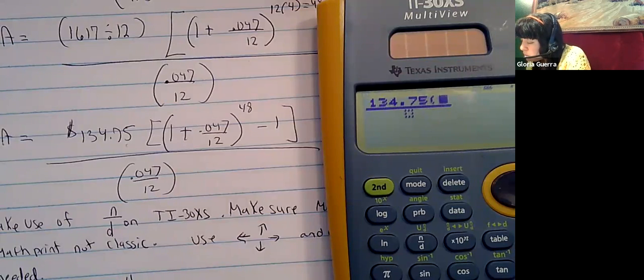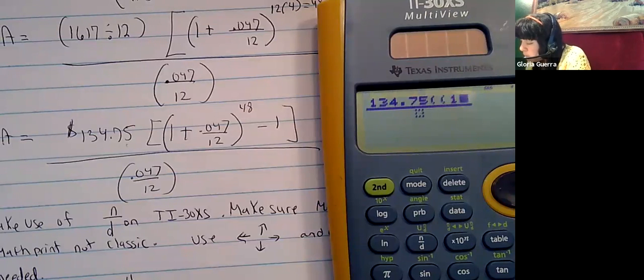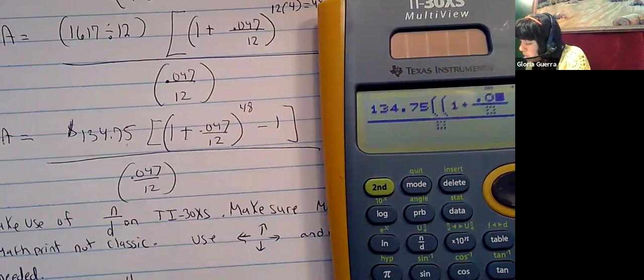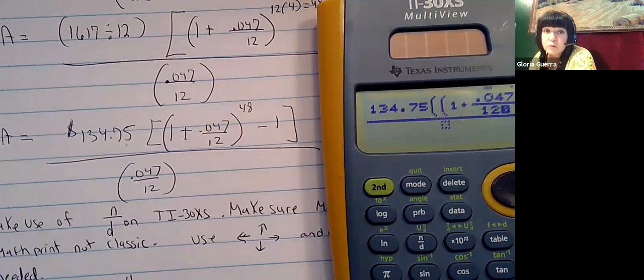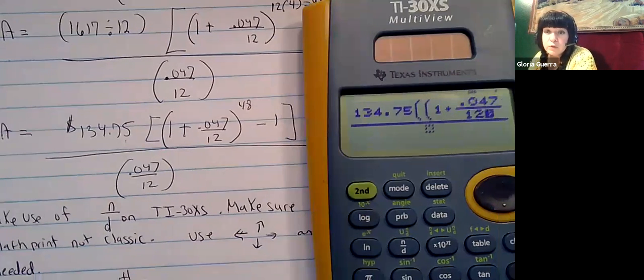So you want to do another set of parentheses, and then 1 plus, and then N over D, 0.047, and this is over 12, and then push this to the right.